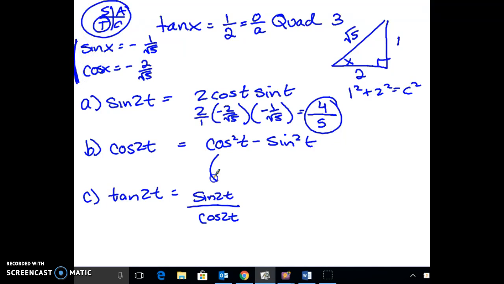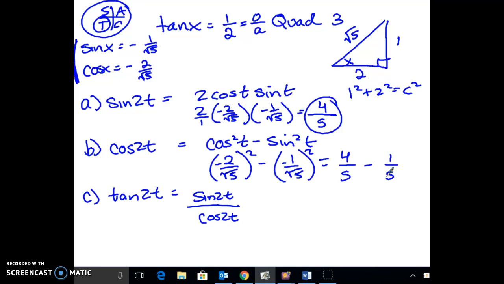Now cosine squared minus sine squared. Square each one individually, so that gives me 4/5. Rewind. 4/5 minus 1/5.